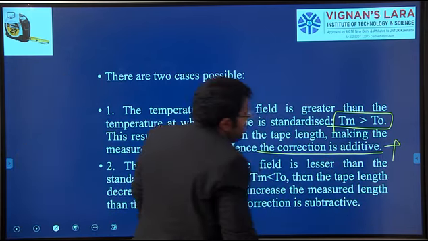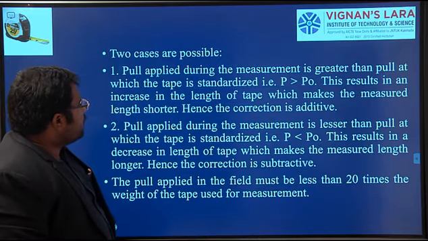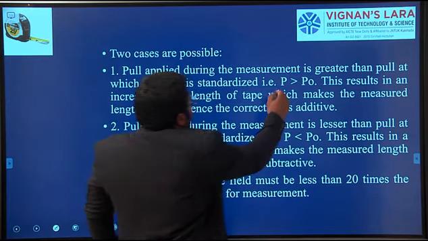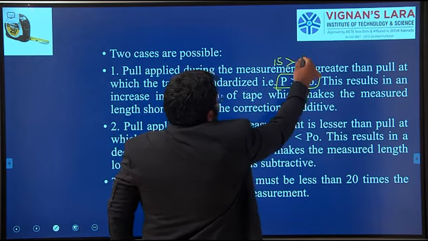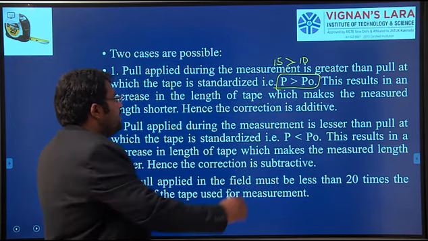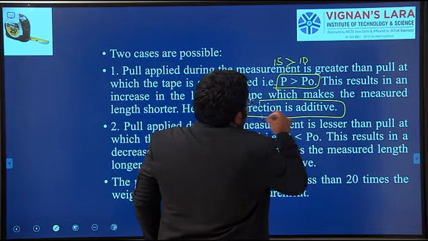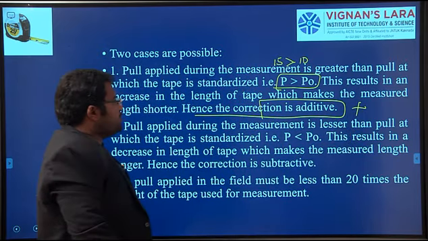Additive means we will have to put the positive. Also here P is greater than P naught, 15 is greater than 10 in the case of pull. So the correction is additive. That means we have to give the positive sign.